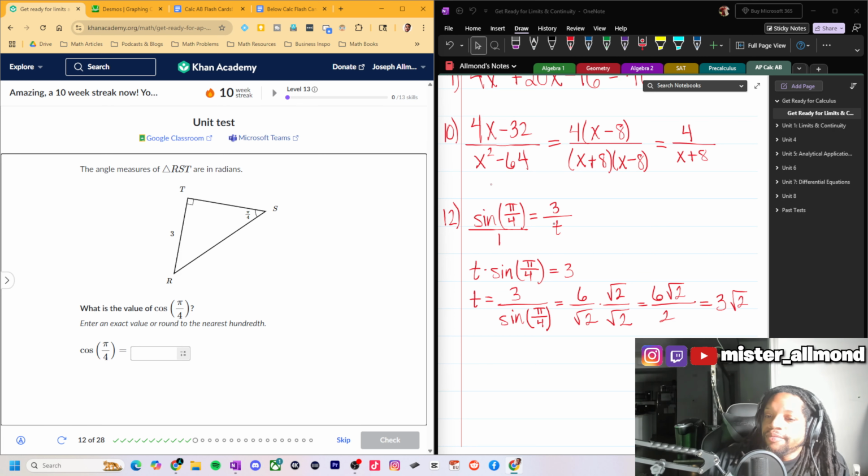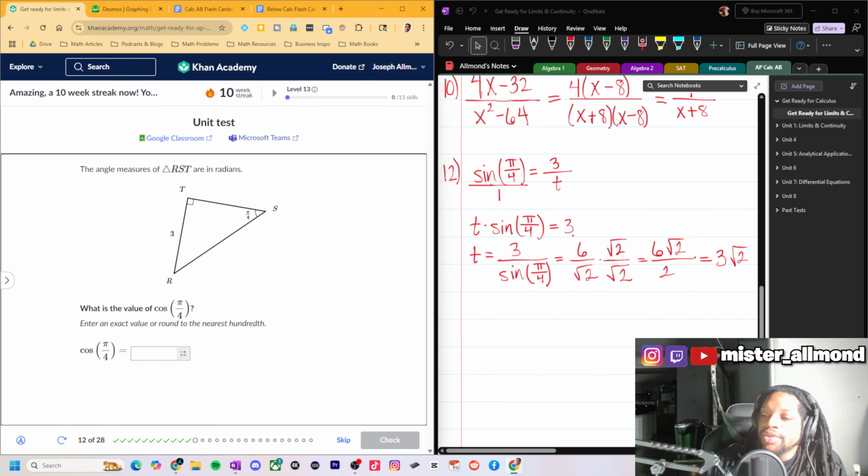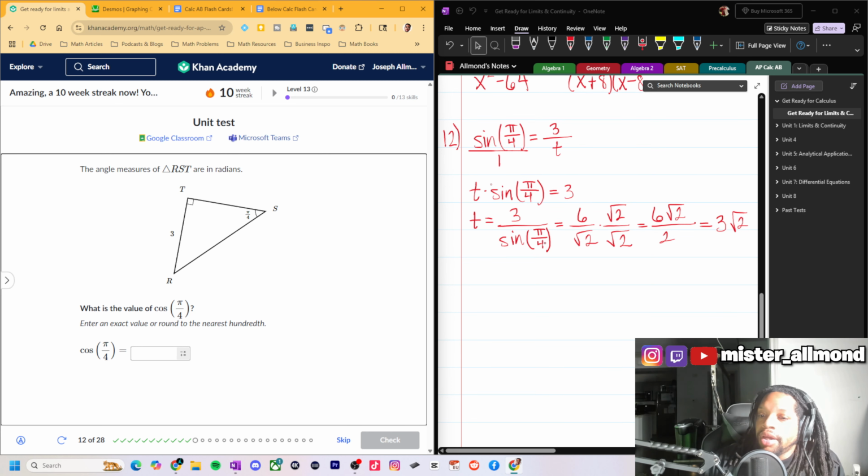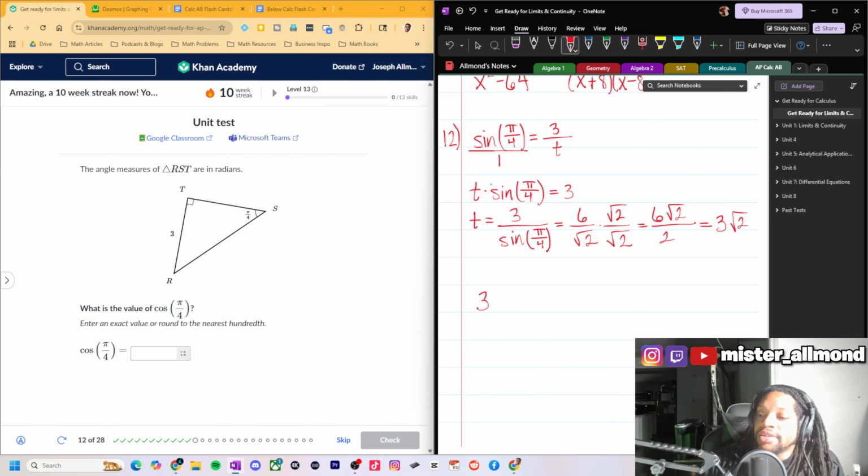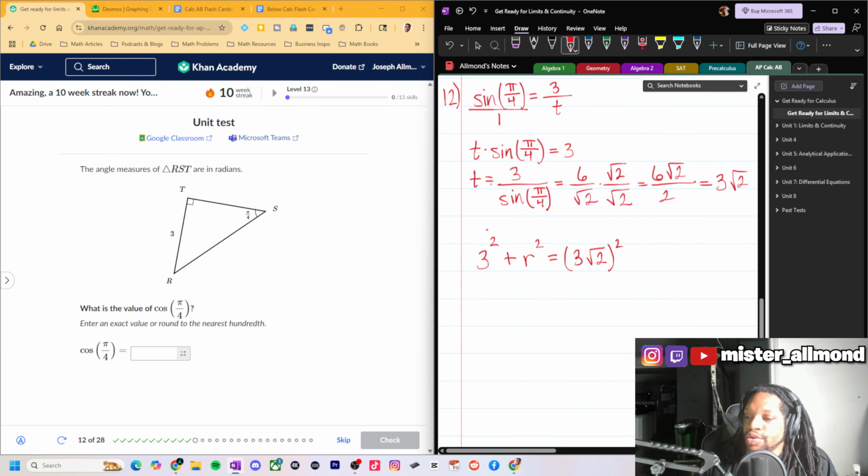So let's use the Pythagorean theorem since we got two sides of a right triangle. One of the legs I know is 3, plus the other leg we're trying to find, we'll call it little r. And then t we said was 3 root 2. So we'll plug those into the Pythagorean theorem and use that to solve for r.